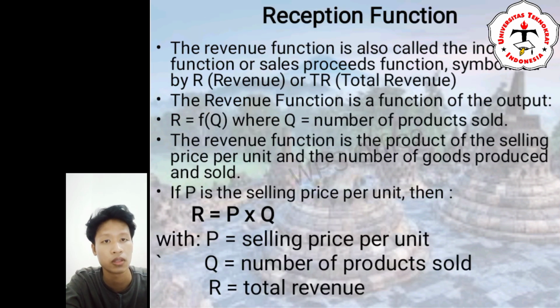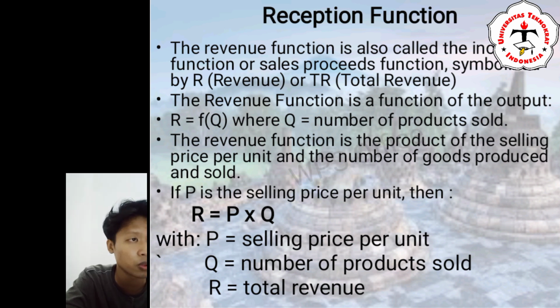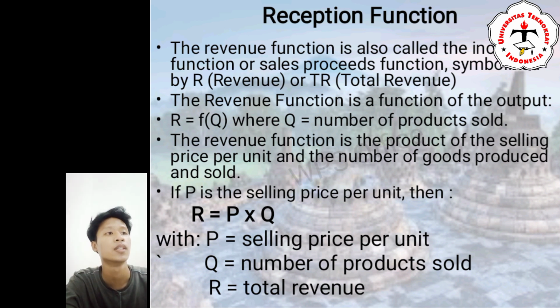Revenue function. The revenue function is also called the income function or sales function, symbolized by R for revenue or TR for total revenue. The revenue function is a function of the output, R equals f(Q), where Q equals the number of products sold.